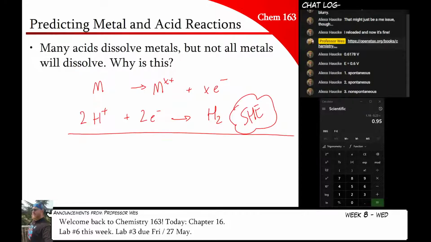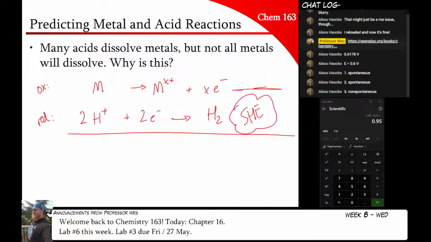Look at what this is. It's the standard hydrogen electrode. So if a metal has a voltage for its oxidation, and all metals do, this is going to be my reduction. Here's my oxidation. I hate that they're backwards, but this is just what I did.